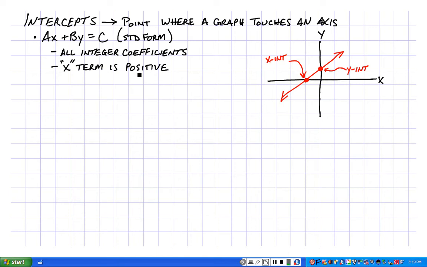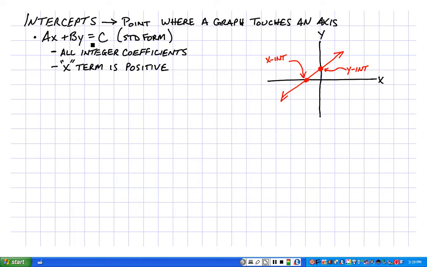Basically, if we want to graph using the intercepts method, we want to get the x and the y on the same side of the equation. Here's our equal sign, right? So we want the x and the y on one side, and our constant term on the other side of the equation. Our constant term is the term that does not have a variable attached to it.